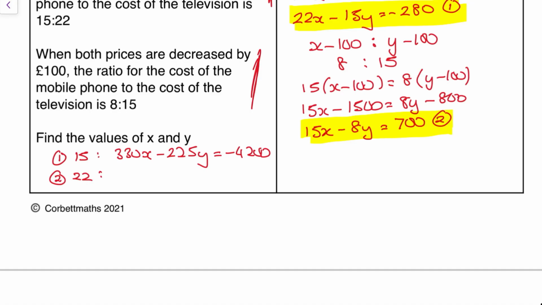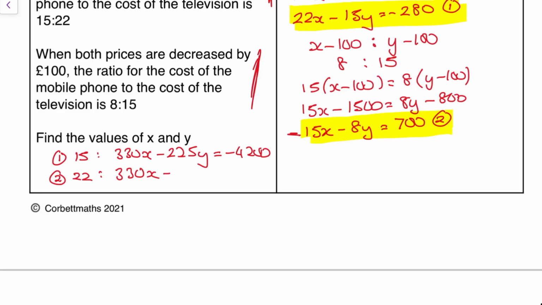Let me just check that again because that feels very large. So 15 times 280, yeah, 4200. And now do equation 2. So equation 2 times 22 is 330x, obviously, so it cancels.